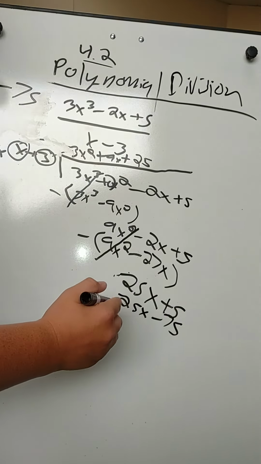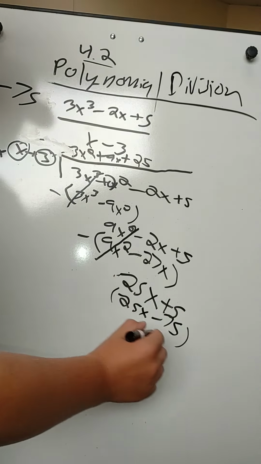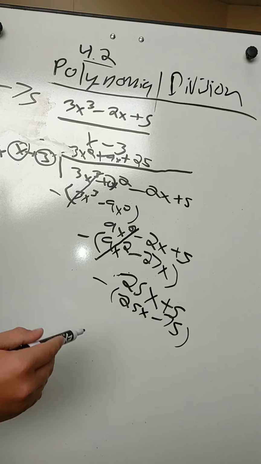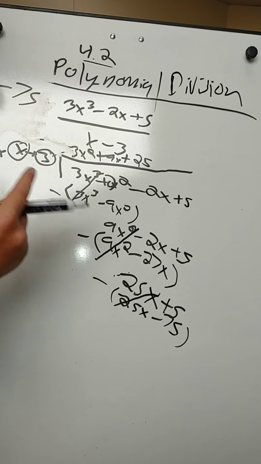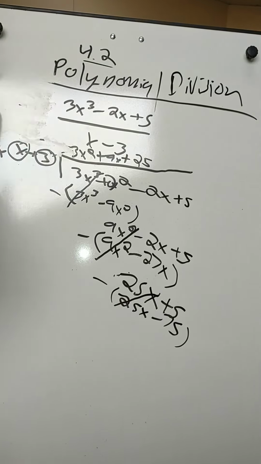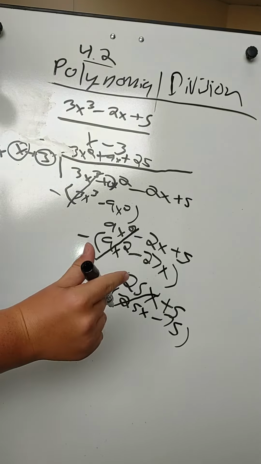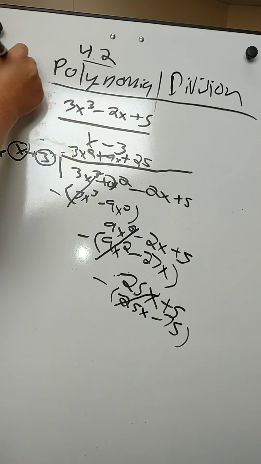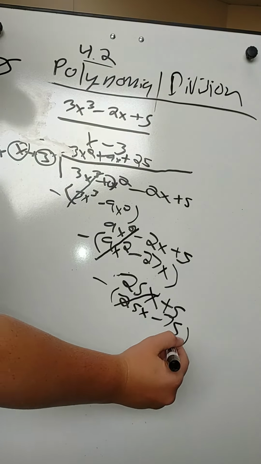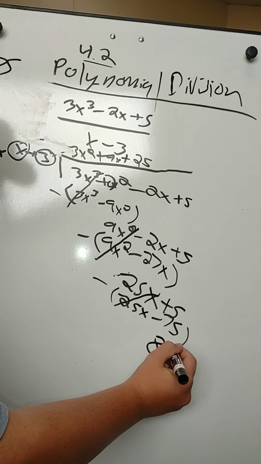Sorry if I'm writing a little slanted. Parentheses, subtract it. So, cancel it out. And then, we are left with 5 plus 75. And that's all we have left.